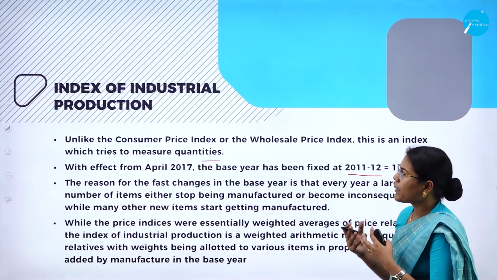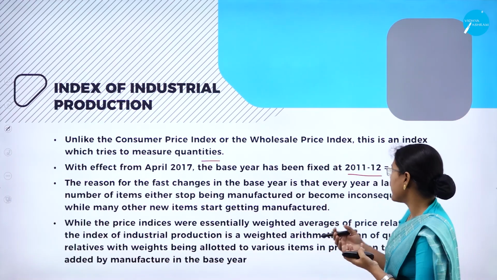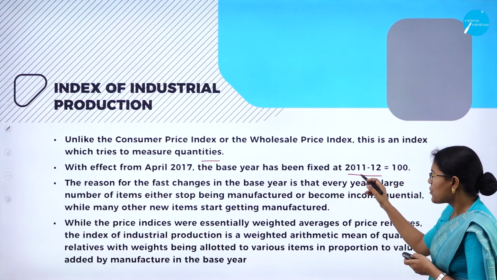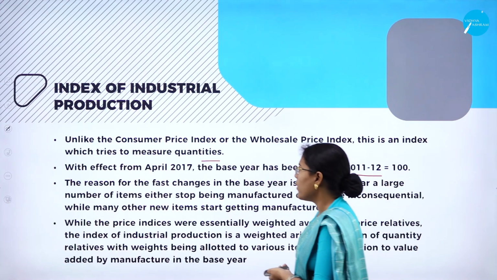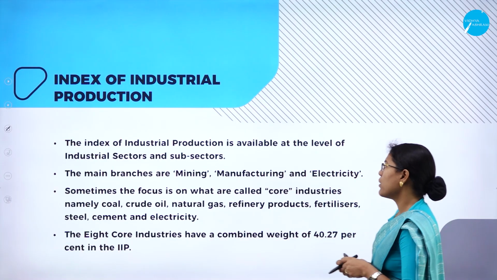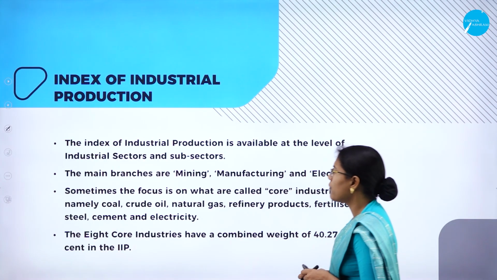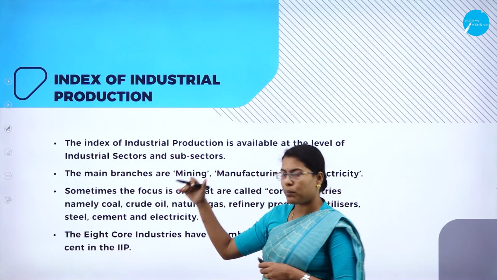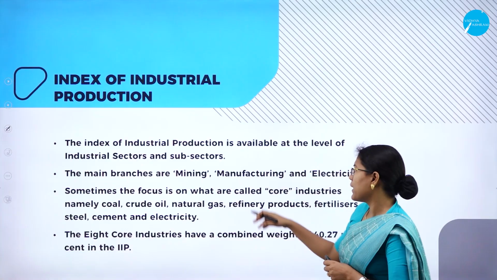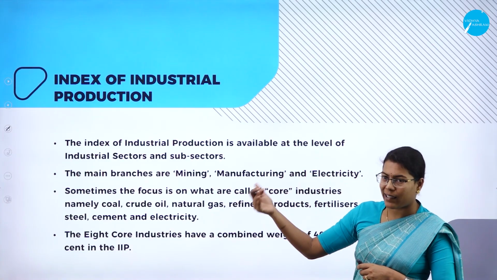And for all kinds of industrial production, the base period is 100, and the base year is 2011-12. Moving forward, the index of industrial production is available at the level of industrial sectors. The main branches are mining, manufacturing and electricity.